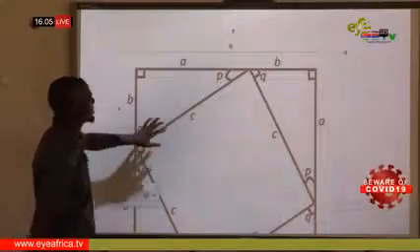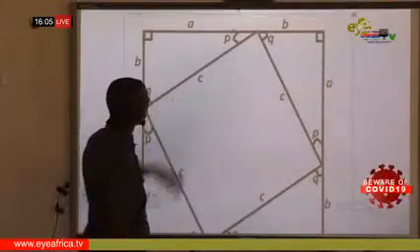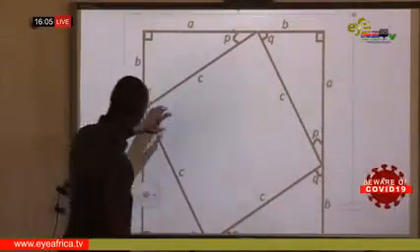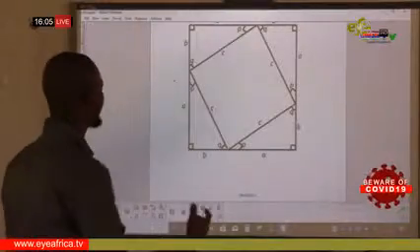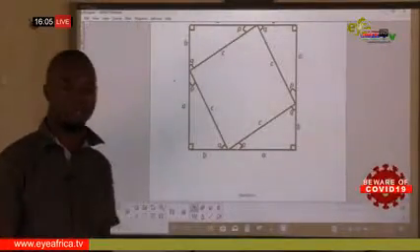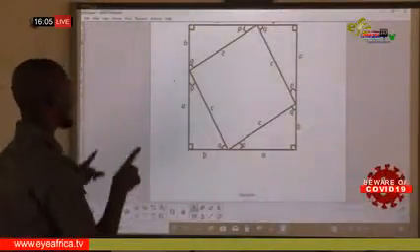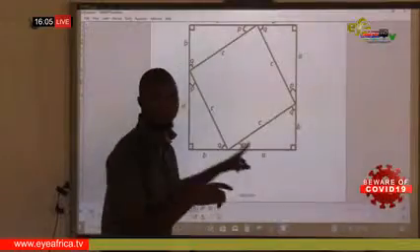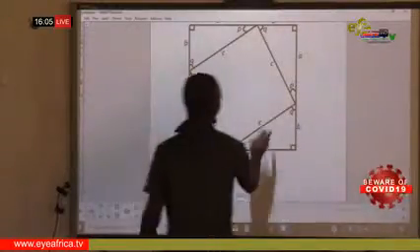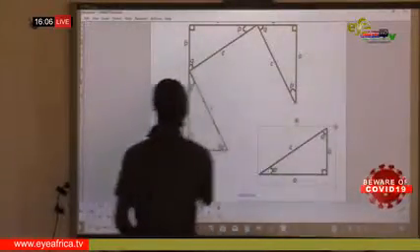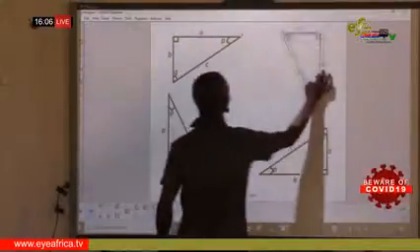Now let us look at this diagram here. We have a square here, and if you look at this, you will see how this square is formed. We have right angle triangles, and that is what we use to form this square. I will start removing the right angle triangles. You see, they are all right angle triangles, 4 of them.